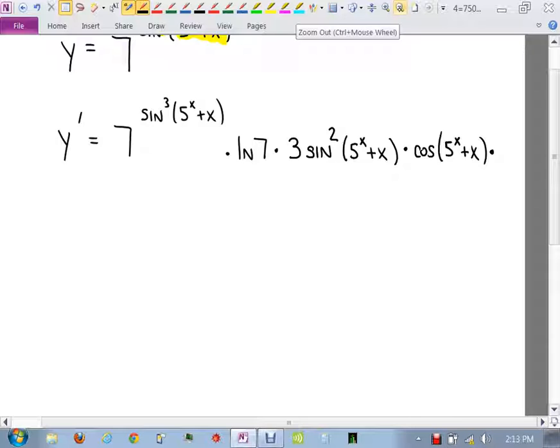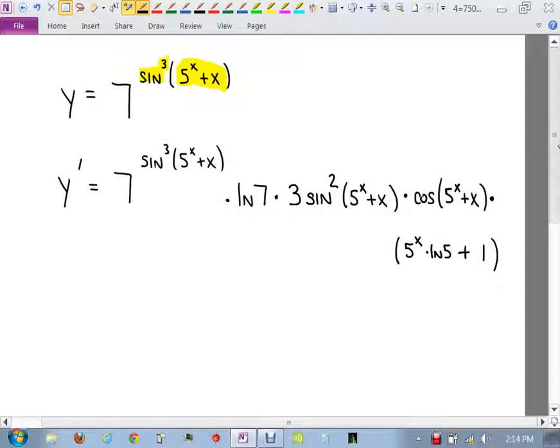That's a sum, so you can do them separately. What's the derivative of 5 to the x? Isn't 5 to the x like a to the u? 5 to the x times ln of 5 times 1, but you don't need to put that. Then plus what? 1.